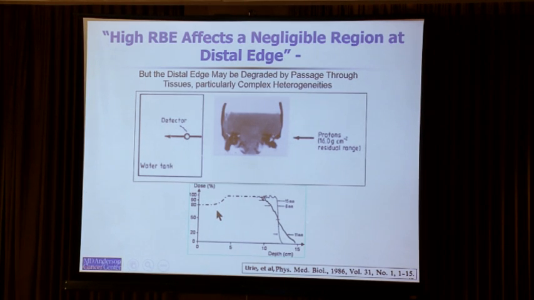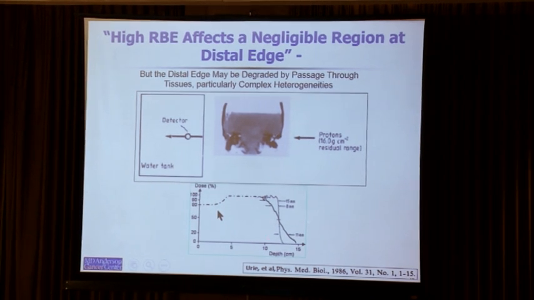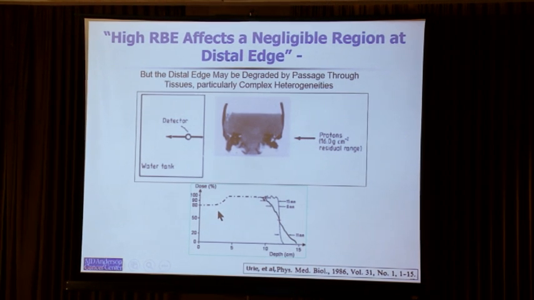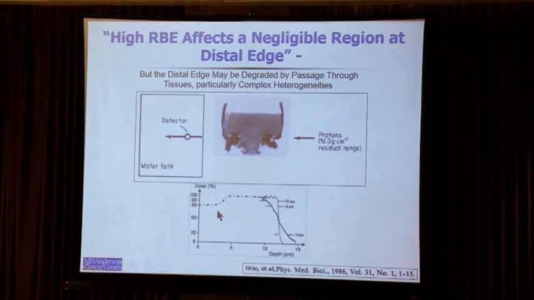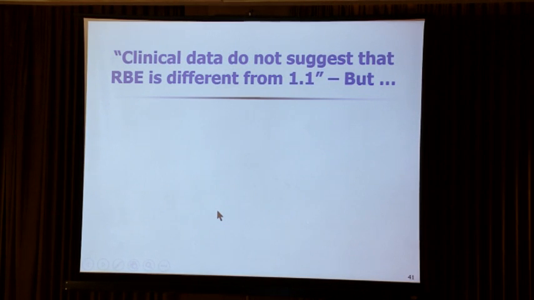What they found was that if this was the distal edge in water, then after passing through complex head and neck heterogeneity, it had degraded to a point where the distance from here to here is almost 3 centimeters. So the changes in RBE are not confined to a very narrow region. They can be spread over a large region. So you cannot assume that it's only over a small space.